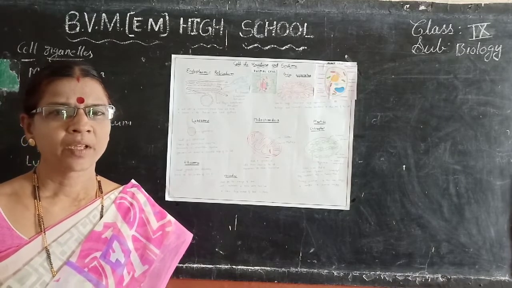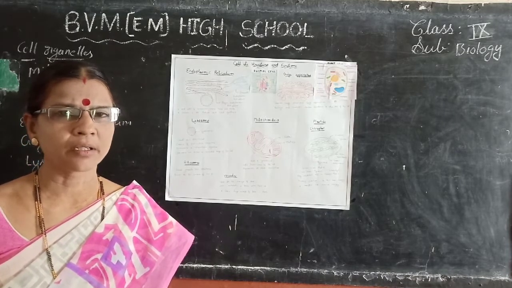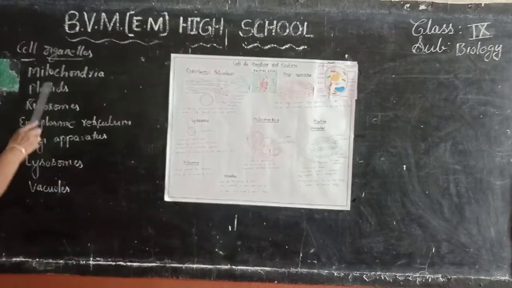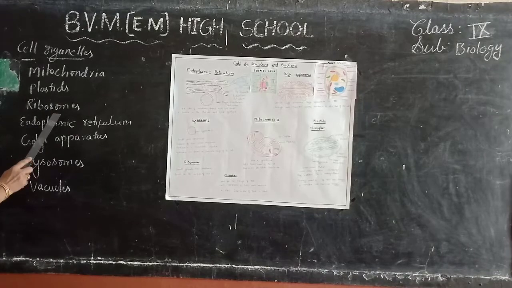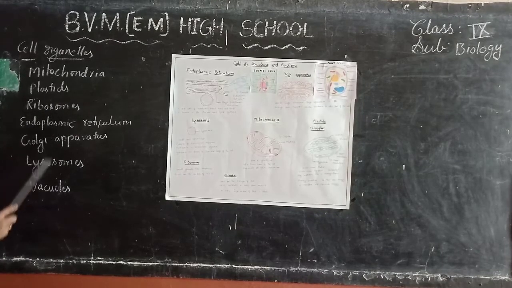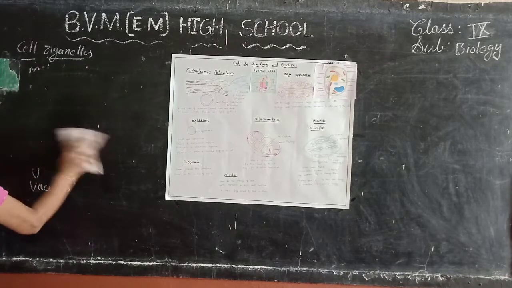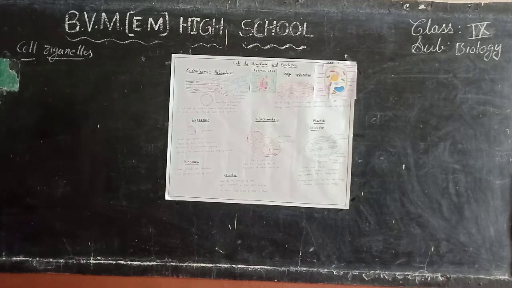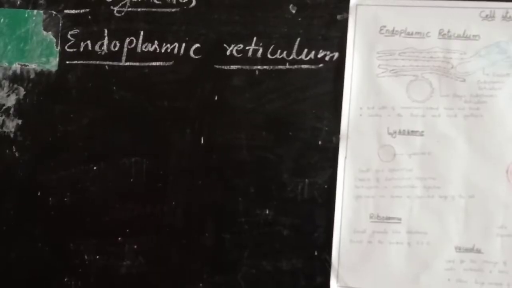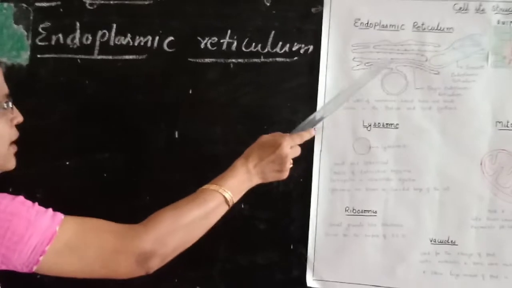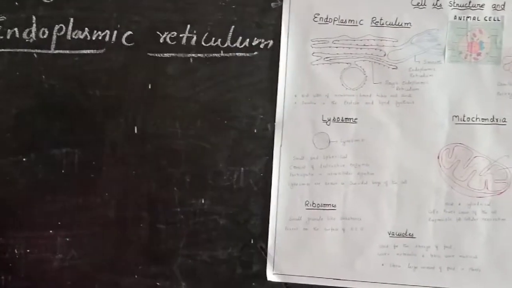Now today we are studying some more important cell organelles like mitochondria, plastids, ribosomes, endoplasmic reticulum, Golgi apparatus, lysosome and nucleus. Now we study about endoplasmic reticulum. Endoplasmic reticulum is a network of membranes in the cytoplasm inside the cell.